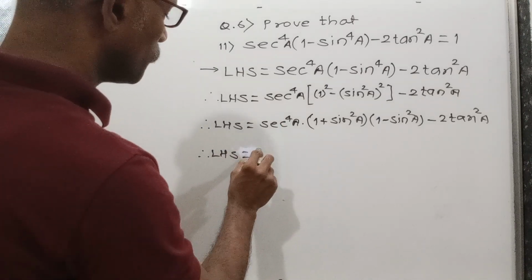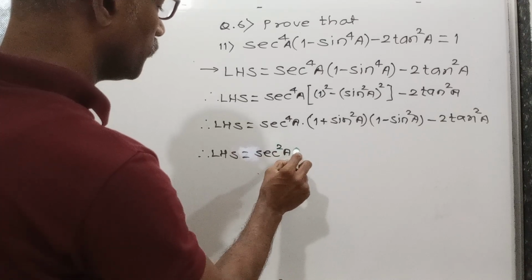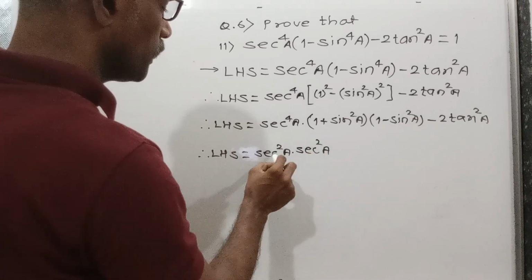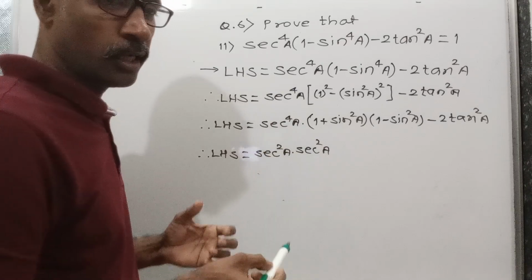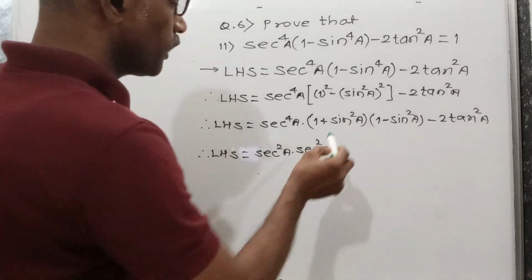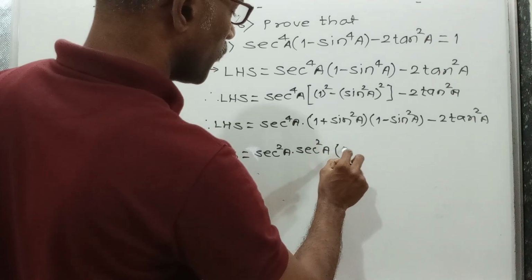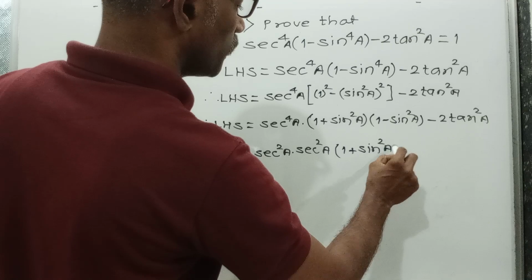Here LHS is equal to, we split this sec^4 a into sec² a times sec² a. Sec² a into sec² a means sec^4 a. Did you understand? And here we write this as it is, 1 + sin² a.